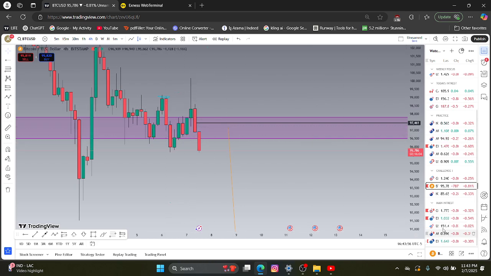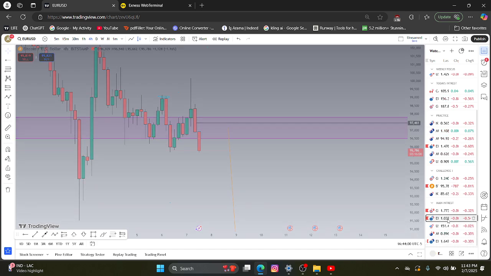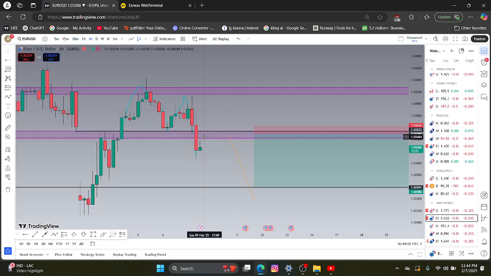But if you look at this pair, then you know why I've put it there. Look here. It formed an M pattern, but what happened? It covered the whole thing there. It did not just retest up to this level. It covered the whole zone right there. So you would have entered here and you would be in a drawdown up to that level.